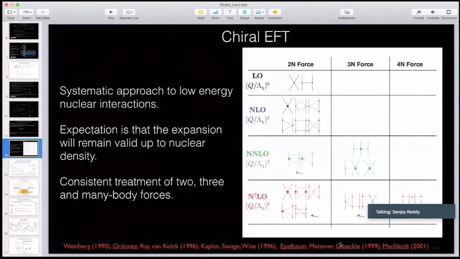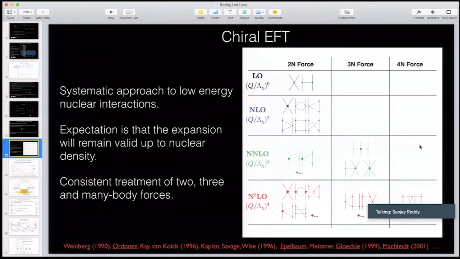And if there's no way to separate many body forces from 2 body forces, then you have a poorly defined theory. But if you can show that many body forces appear at higher order in the expansion, that's good news, because it tells you that as long as the momentum is small, even in a system containing many particles, you don't have to worry too much about these many body forces. And that is a very important aspect of any theory of many particle systems.